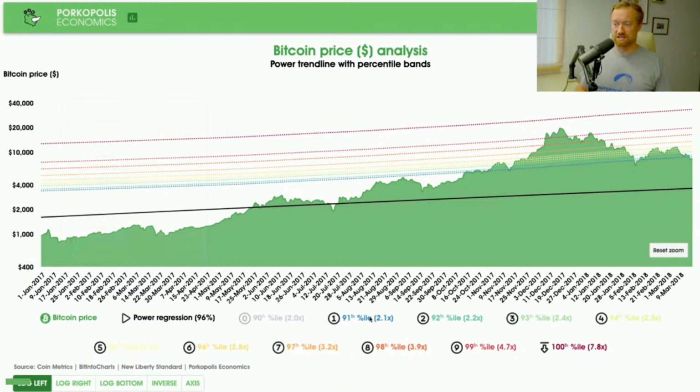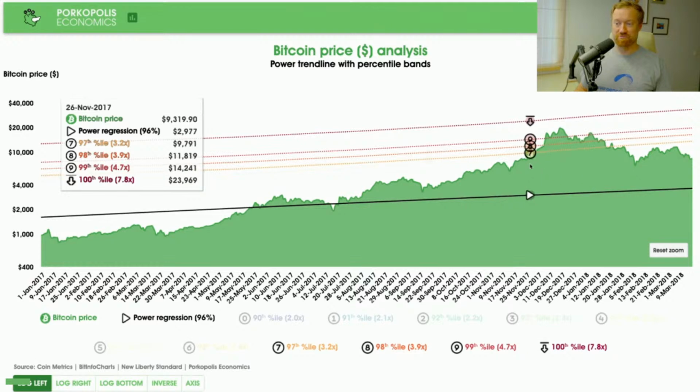Then, of course, a little bit less, 91, 92, 93, 94, the hard to see yellow lines, 96. Now we're at the 97th percentile, which is 3.2x the trend. We hit that November 27th, fell back already in January.